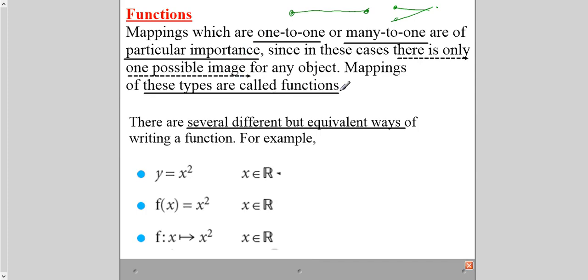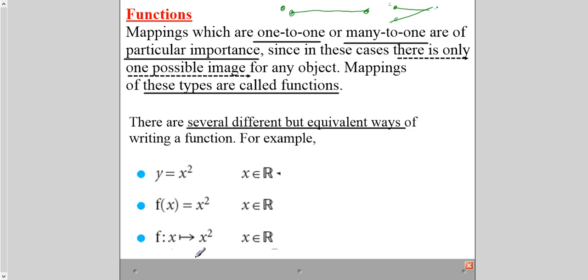We will see an example of this in a while. So I'm repeating: when you substitute one input, you get only one output. But when you put two different inputs and you get the same output, it is still called a function.